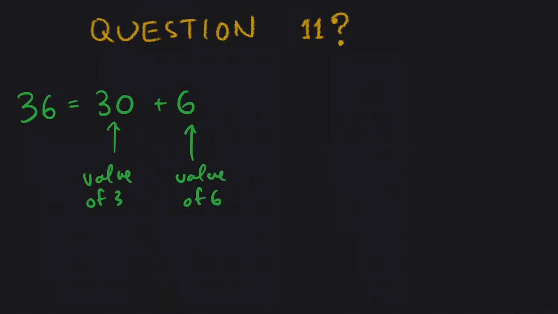So what they're saying is, if I had to choose a number that I multiply 6 with, so 6 times something, to get 30, with 6 being the value of 6 and 30 being the value of 3, what do I stick in there? We should be able to figure out by now that this is 5. So the value of 30 is exactly 5 times the value of 6. That's really all they're asking.